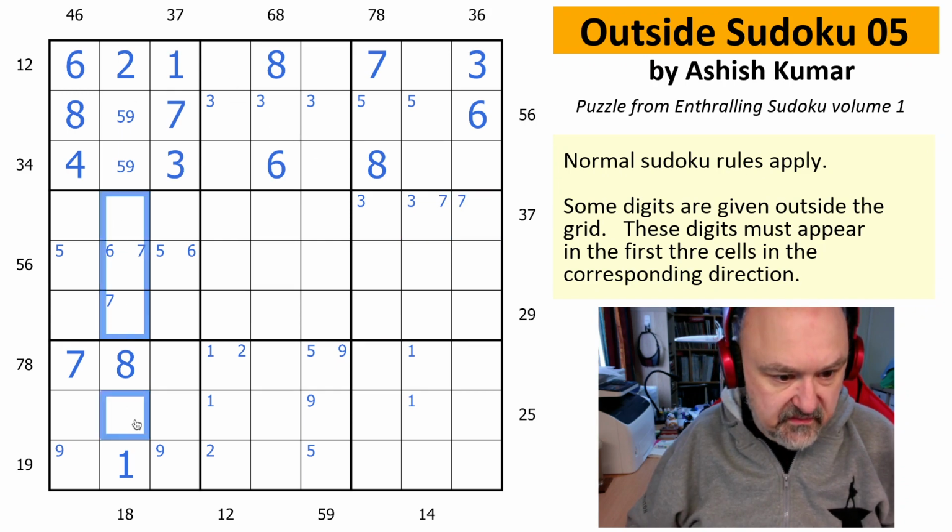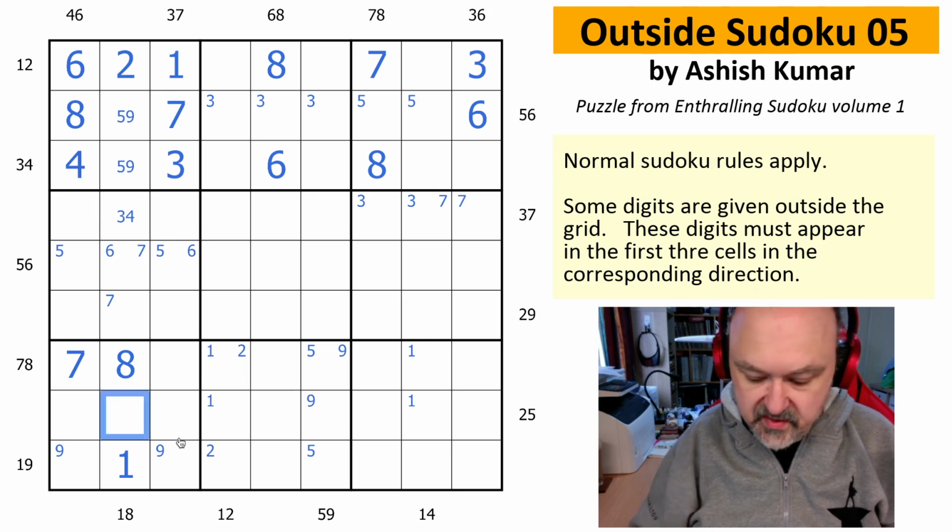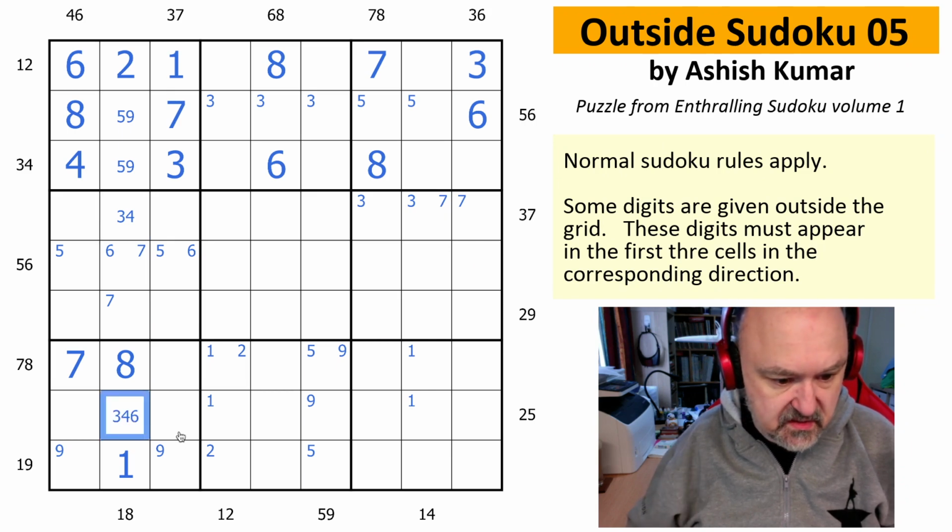So what are these four? They're 3, 4, 6 and 7. So that can't be 6 or 7, so that's 3 or 4. And that's 3, 4, 6. And it can't be 7.